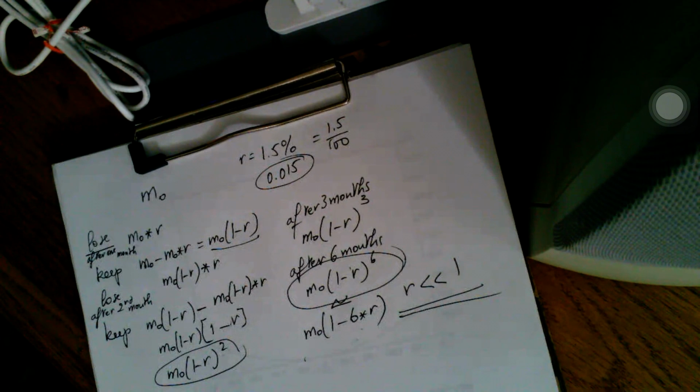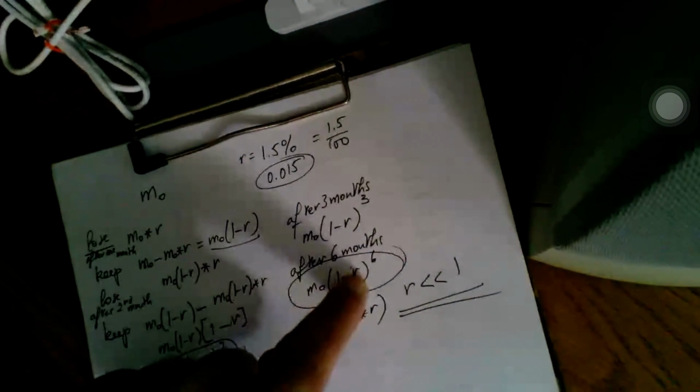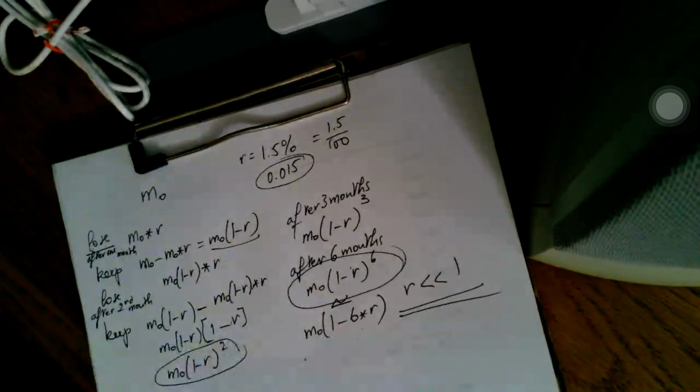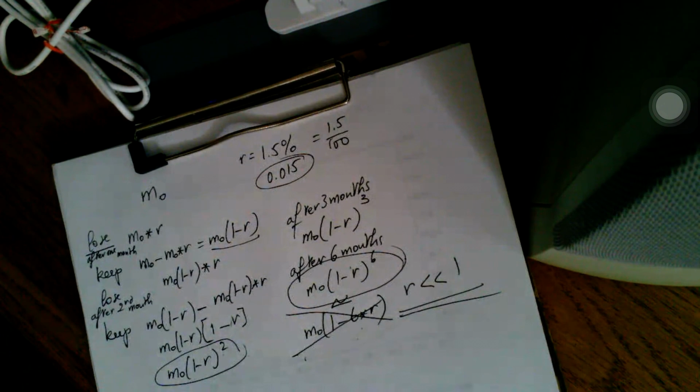Because if I want to create trouble and I say R is 10%, after 10 months somebody's going to say that it's equal to 0, right? Because 10 times 0.1 is 1, and 1 minus 1 is 0. Whereas this one, 1 minus 0.1, which is 0.9 to the power 10, that's not 0. It's a small number, but it's not 0. So that would be incorrect because there R is not a very, very small number. So be careful that you don't use this. I would be very disappointed if you do.